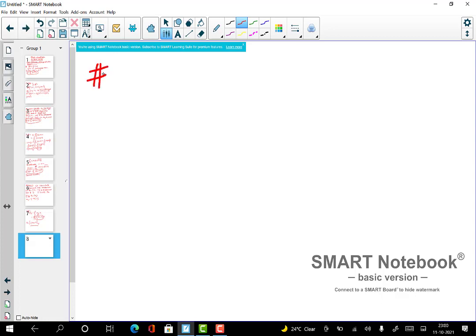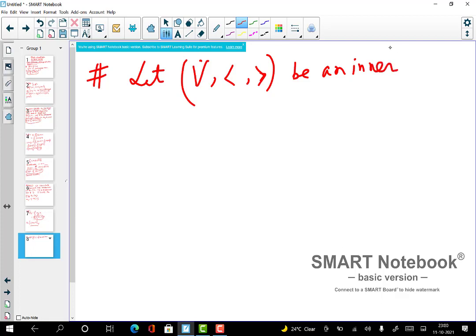So I am defining generally what the Fourier coefficient is. Let V be an inner product space. I am not assuming finite or infinite here; it may be finite or infinite, it doesn't matter.